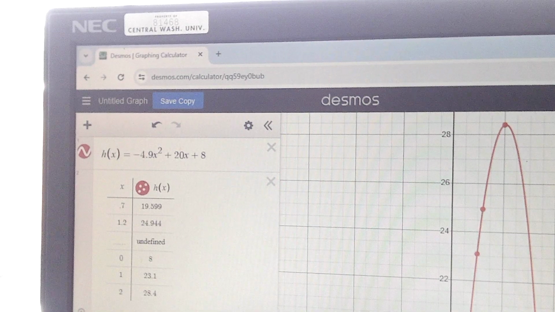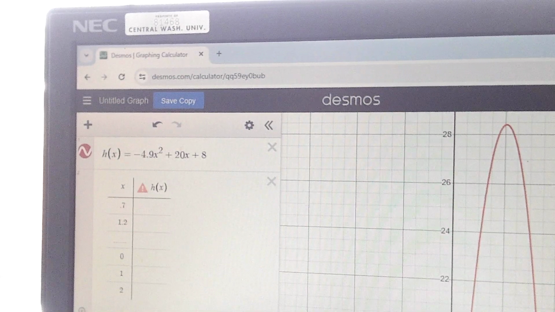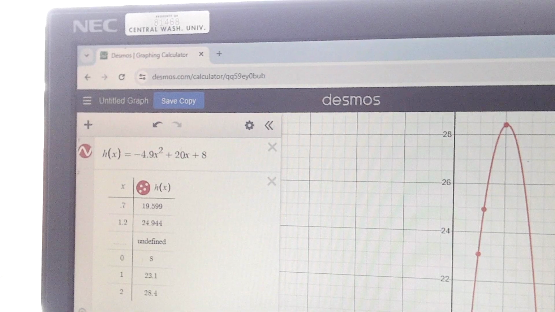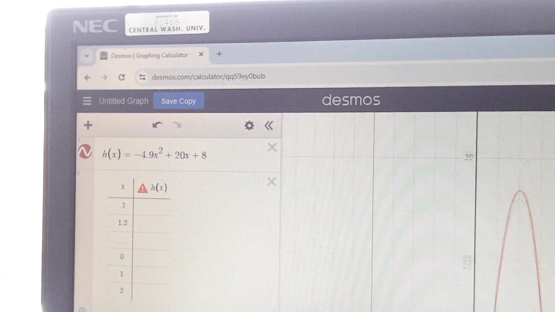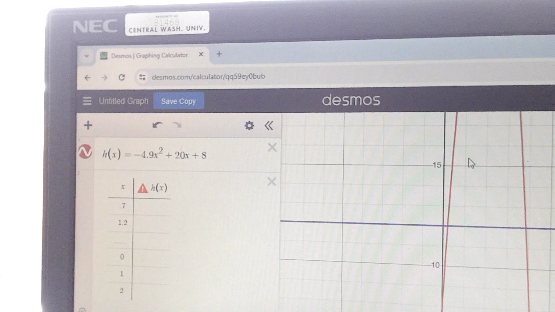We did h of x, so let's go h of x equals 12. Why is it not showing? Oh, wait a minute. There it is. I wasn't up to where. There's 12. So it probably did y equals 12.